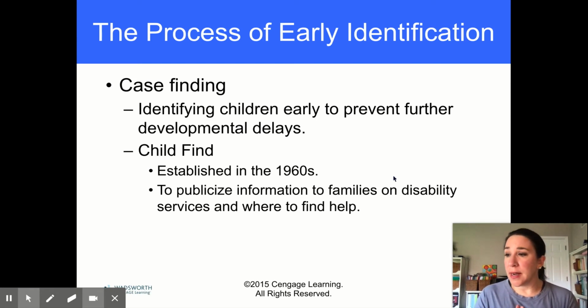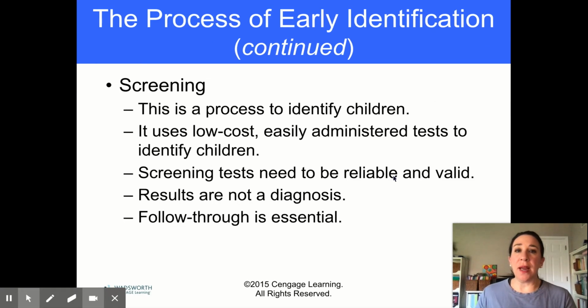So, Child Find is a program where it's basically like, we're here. If you have a child that you think has delays, we're happy to assess them and we'll move from there, right? So, screening is the first step, right?